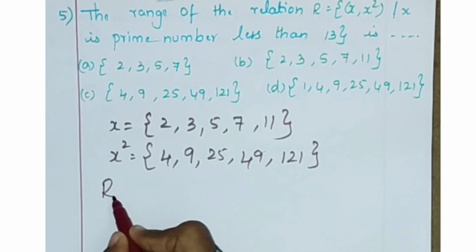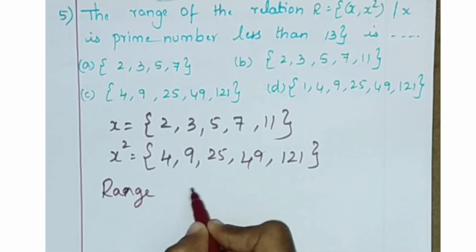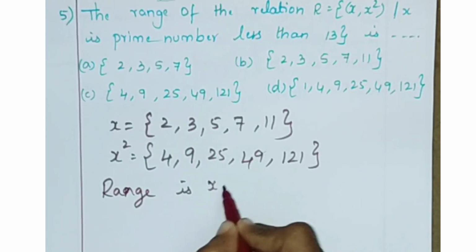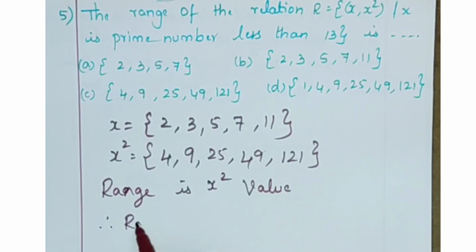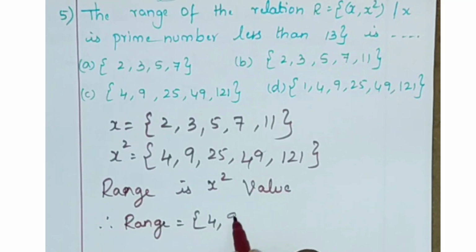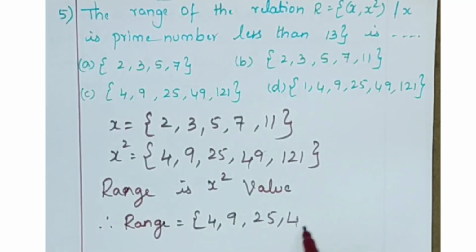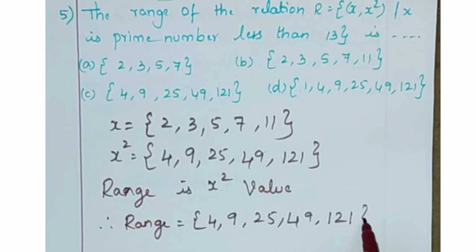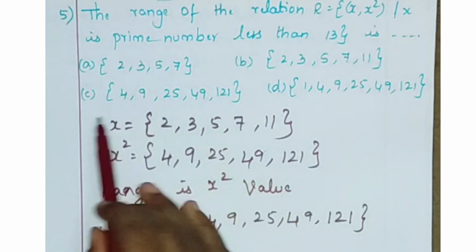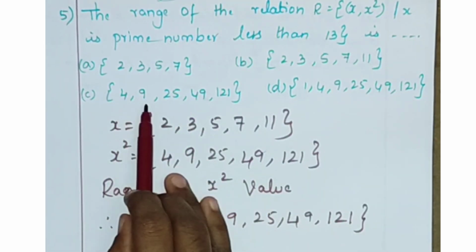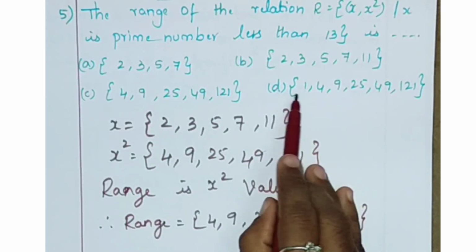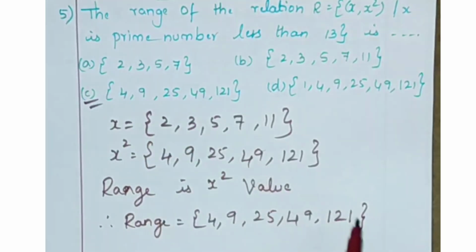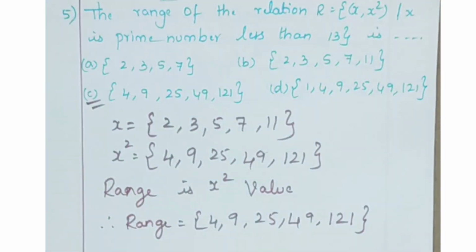So the range is 4, 9, 25, 49, 121, which is option C. Here 1 is there, so it's not option D. It's option C. Got it? Now we'll see the next sum.